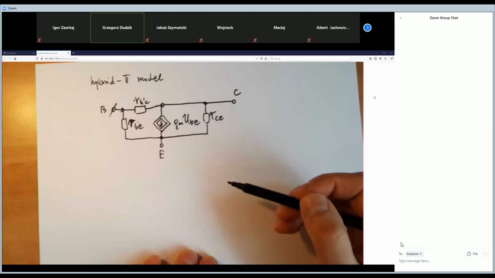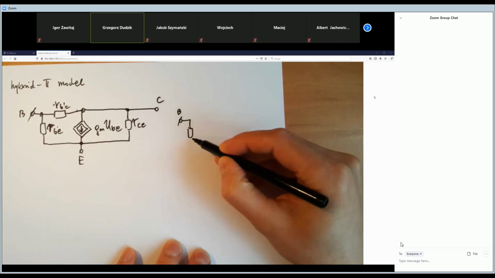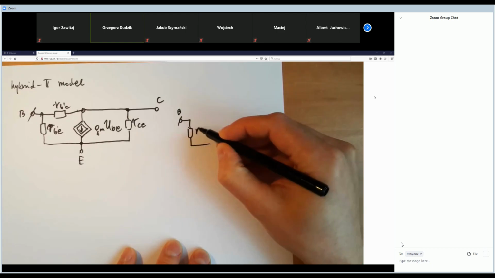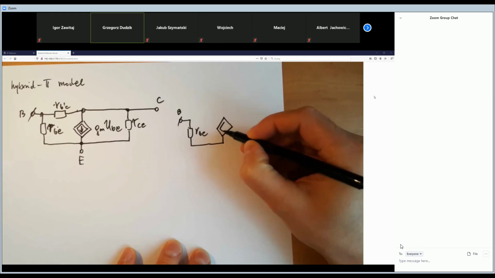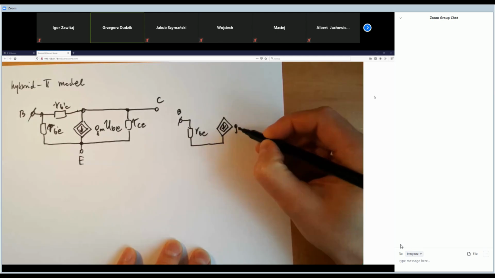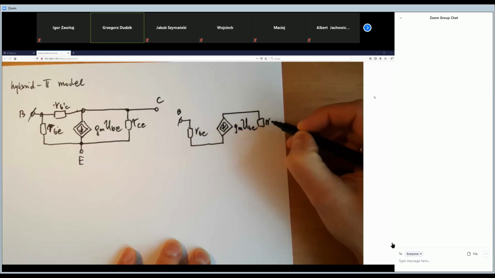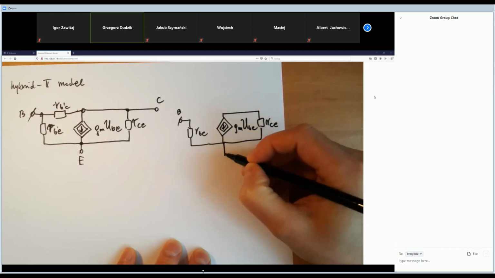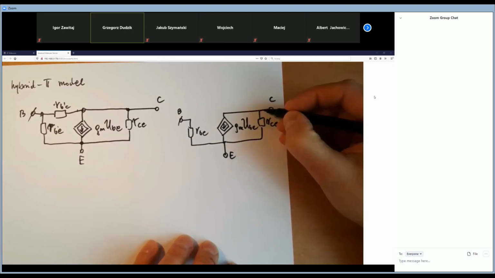So that's why we can reduce this model to this one.